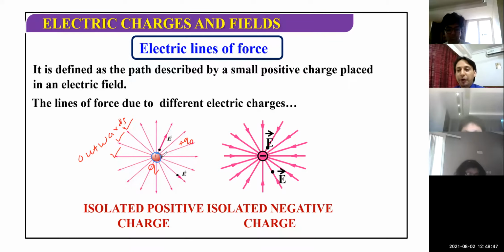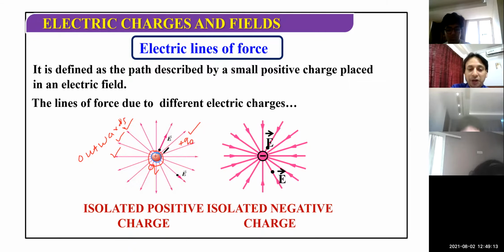Now, children, if we have a positively charged body, and in this positively charged body we have placed another positive charged body, then as per Coulomb's law, this Q naught will experience a force as this is a free charge. This plus Q is fixed, it won't move, but Q naught is free.